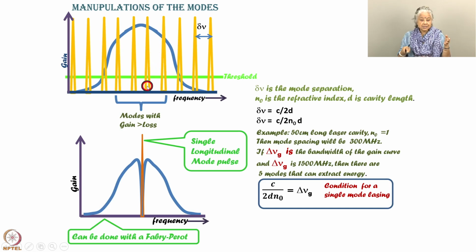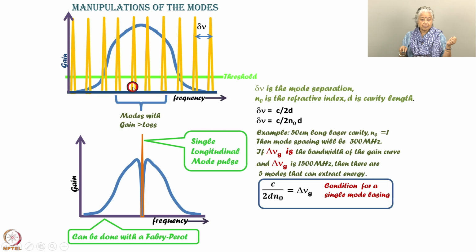But then another thing is that they have to cross the threshold, or the loss line. The green one is the threshold or the loss line. That means many of those modes will suffer losses inside the active medium or within the resonator, going to the walls, getting lost at the mirrors, or getting absorbed in some way. Those will never grow.